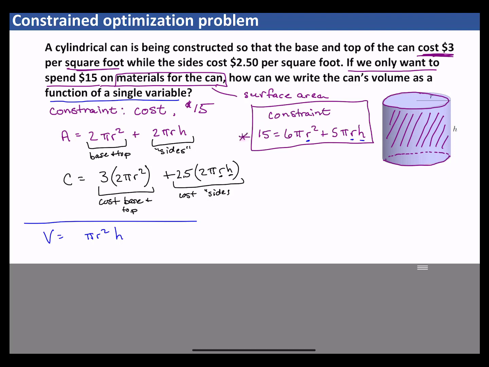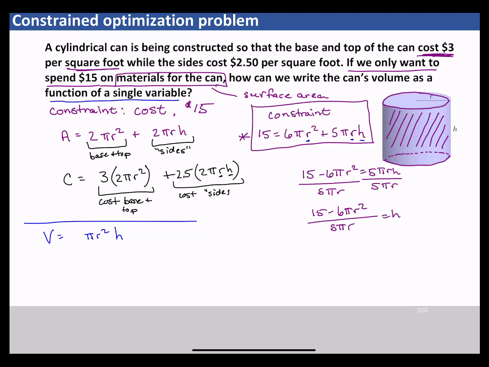So we would isolate h by taking 15 and subtracting 6 pi r squared, and then dividing both sides by 5 pi r. So 15 minus 6 pi r squared divided by 5 pi r equals h.